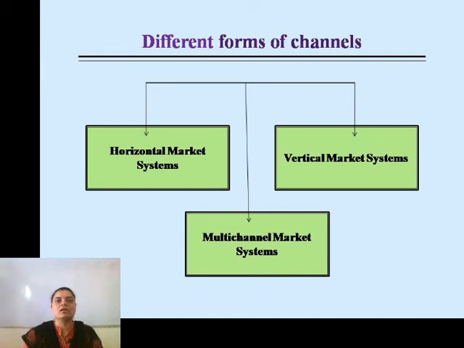Next you have is multi-channel marketing system, or we can call it a hybrid channel system. So many companies are seeking alternatives to the traditional selling system because of the rapidly increasing competition. So it has become difficult for the companies to sustain the profit margin and meet the changing consumer preferences.